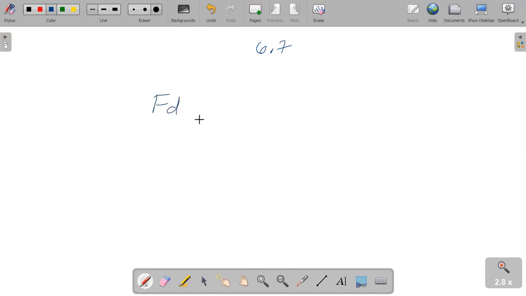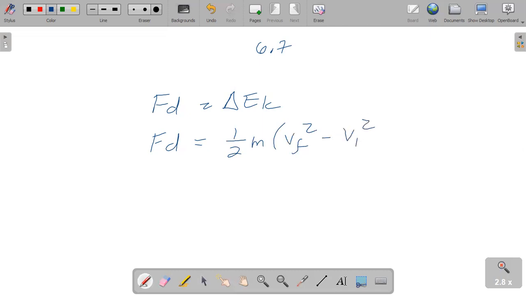FD, and remember it starts from rest, equals delta EK. So FD equals 1/2 M V final squared minus V initial squared. And this is 0. So FD equals 1/2 M V final squared. We're looking for V final.